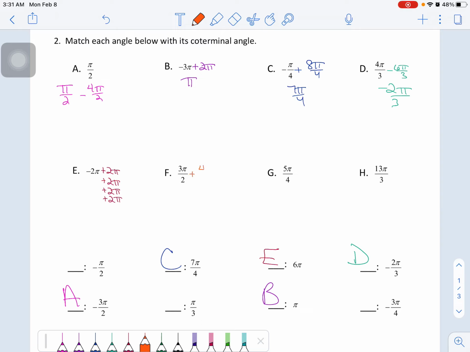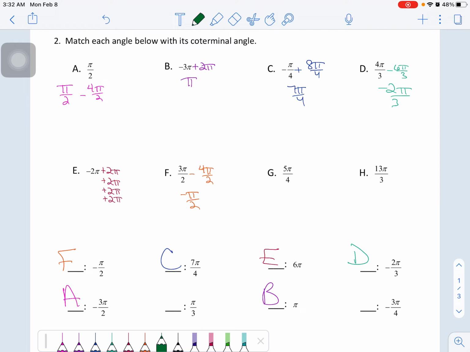All right, 3 pi over 2. Let's see what happens if I add 4 pi over 2. That would be 7 pi over 2, nope, not an option. So let's go ahead and subtract it, which would be negative pi over 2. That is right here, first possibility.